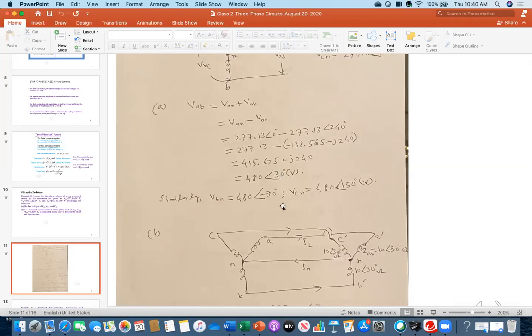This means 30 degrees minus 120, that's why minus 90. Then from here VCA should be another minus 120. So you see minus 120 and minus 90 gives minus 210, but anti-clockwise it is plus 150. Everybody understand what I am telling?